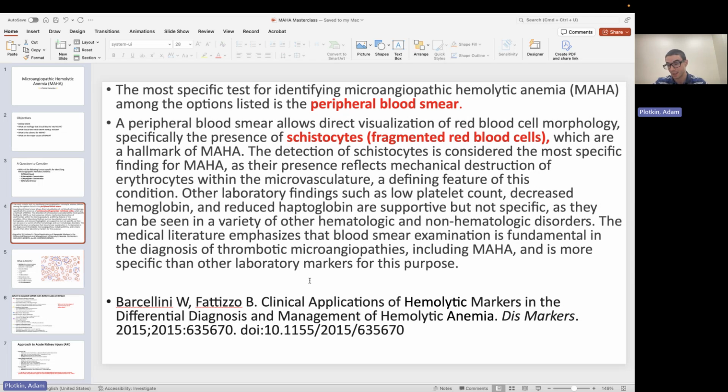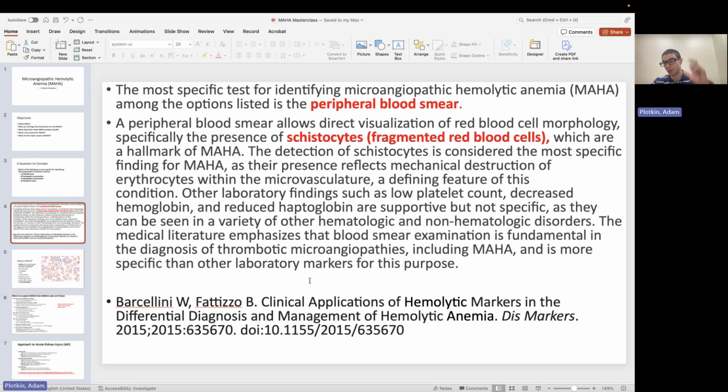Venom, like from the brown recluse spider, can also cause hemolytic anemia. There are traumatic causes, like March hemoglobinuria, where a patient runs across pavement and the constant pounding of their feet shears the small vessels in the feet.